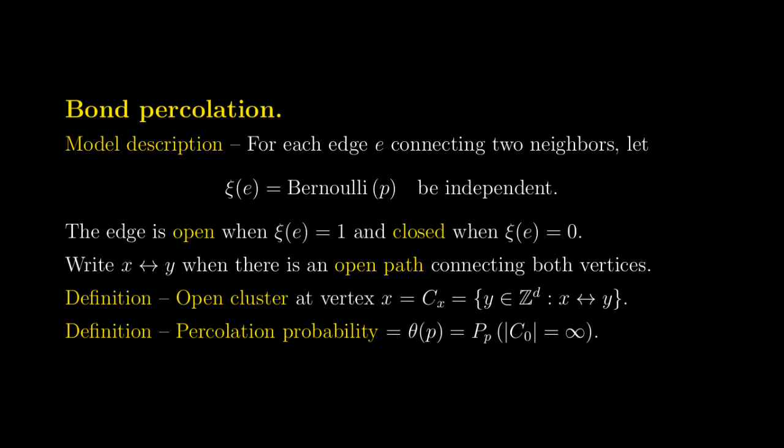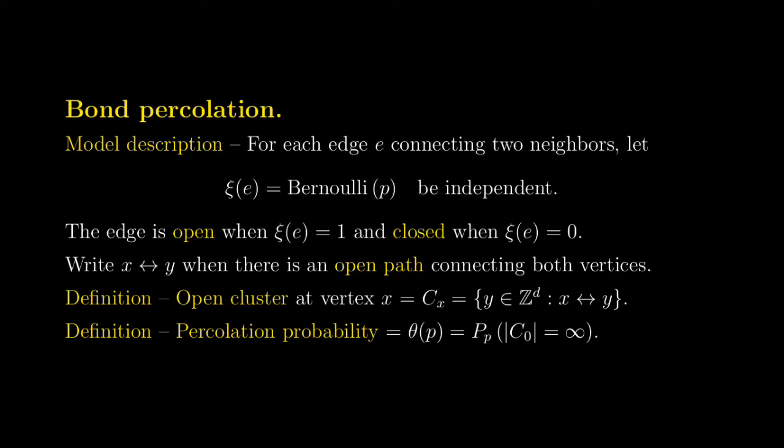Finally, one of the quantities of interest in percolation theory is called the percolation probability. That's the probability of some event that we call the percolation event. And the percolation event is the event that the cluster of open edges starting from the origin 0 is infinite.